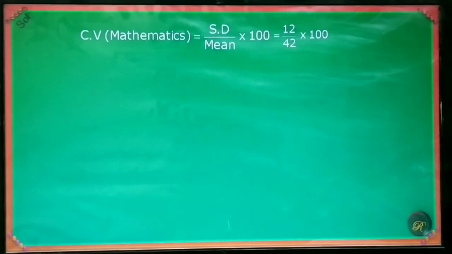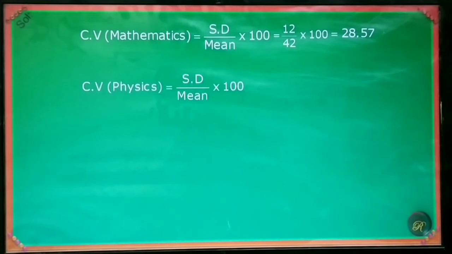What is the simplification? 28.57. CV of physics is equal to SD into 100 divided by mean, which is 15 into 100 divided by 32, is equal to 46.88.